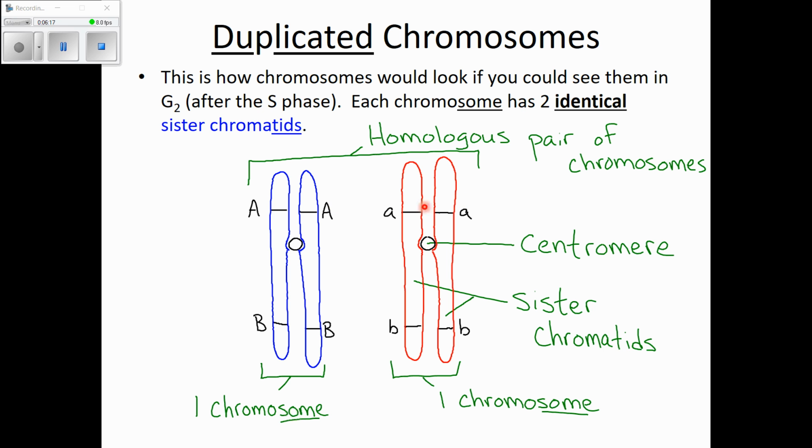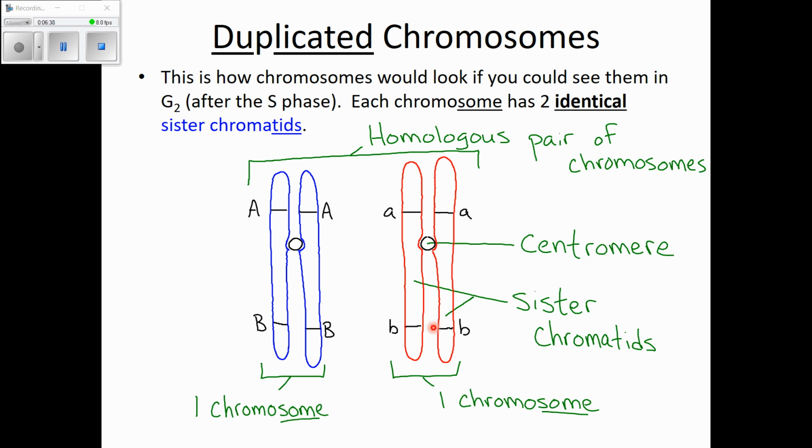Whenever you have a pair of chromosomes that are the same size and the same shape, and they carry genes for similar traits, like maybe this is a gene for height, and this is a gene for height. Maybe this is a gene for eye color, and so this would be a gene for eye color as well.